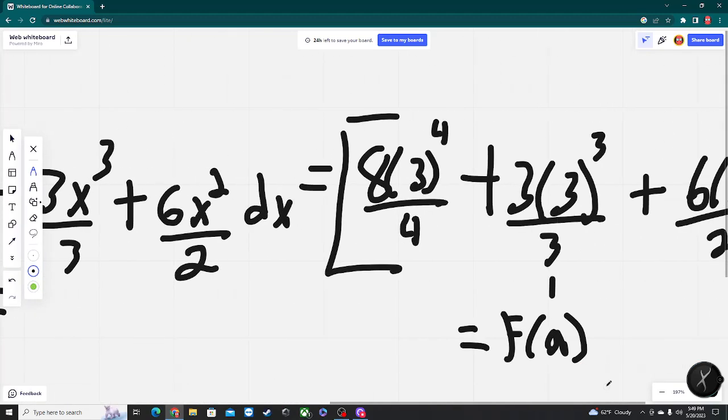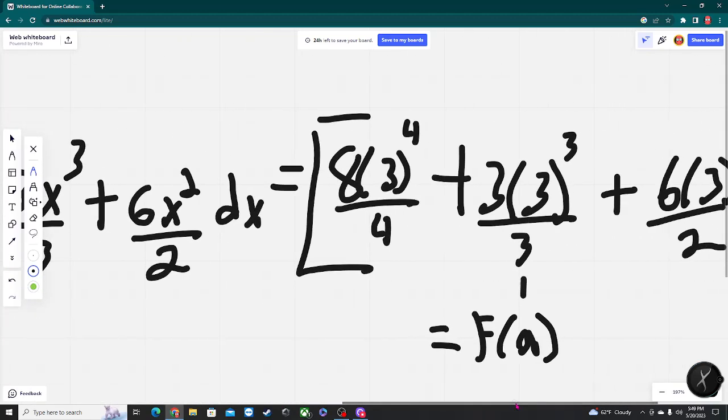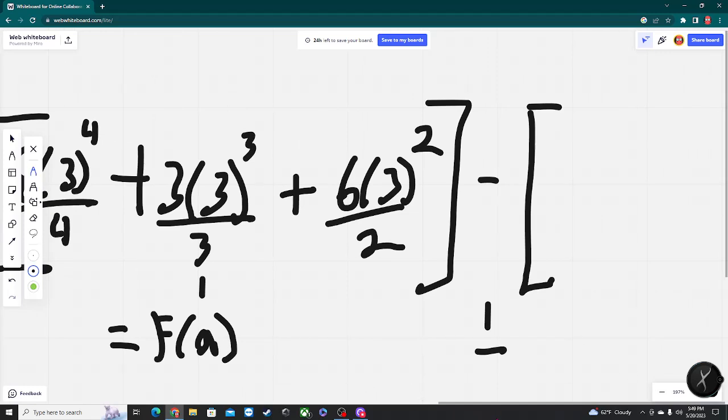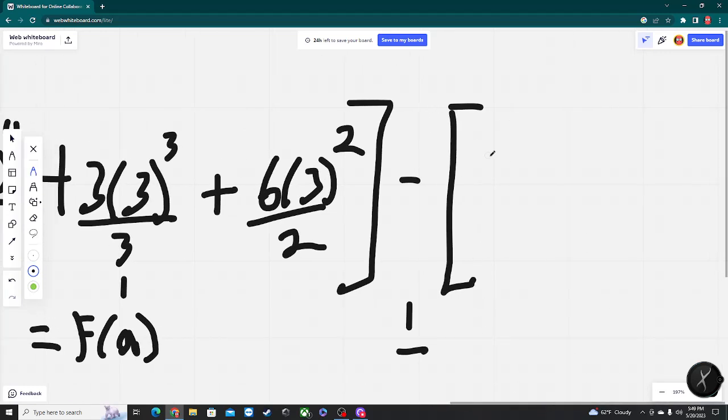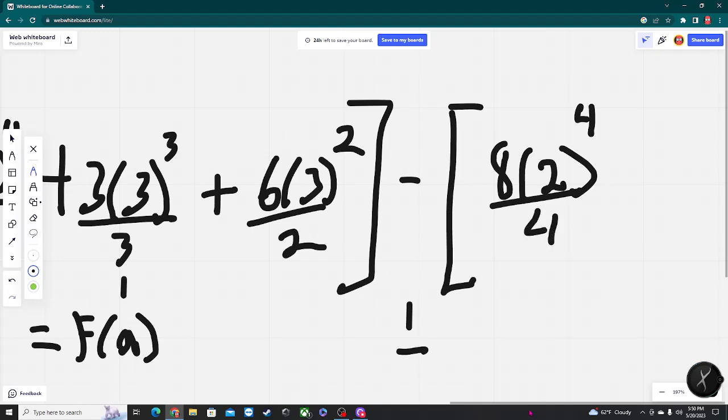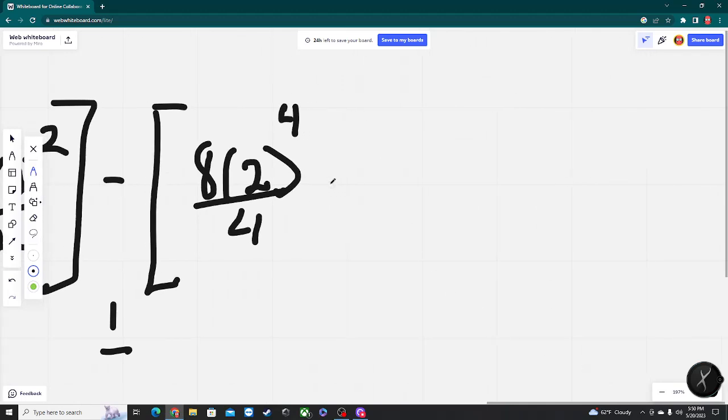So let me take our second limit, which is 2, and plug the 2 in. So we had 8 to the fourth. It's nice having so much room to do this, because these problems do get really long.